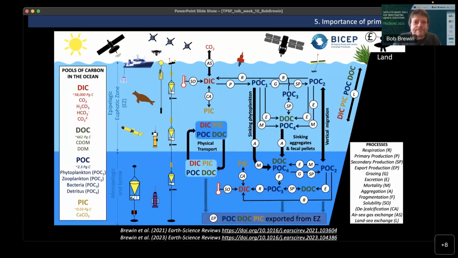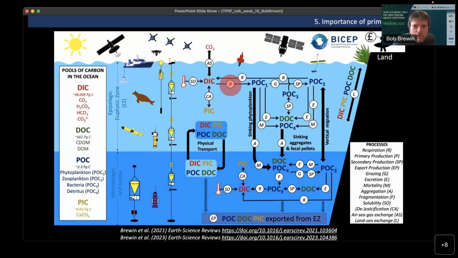Okay, so what is this process of primary production then, and why is it important? Well, this is a schematic diagram. I think Tom might have shown this one last week as well, of the ocean carbon cycle, a simplification of the ocean carbon cycle. And where does primary production lie?